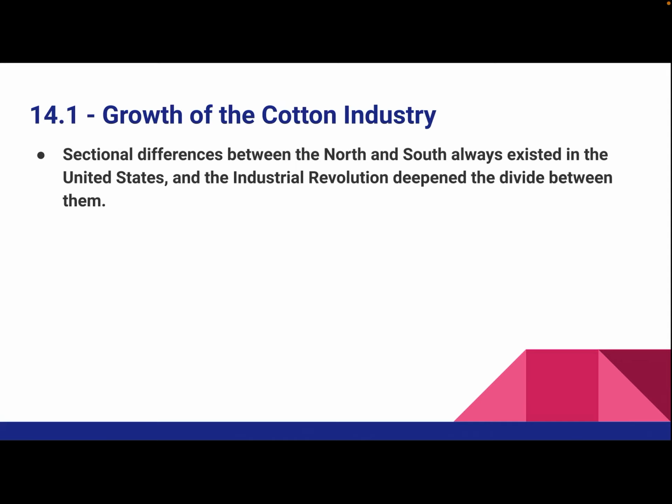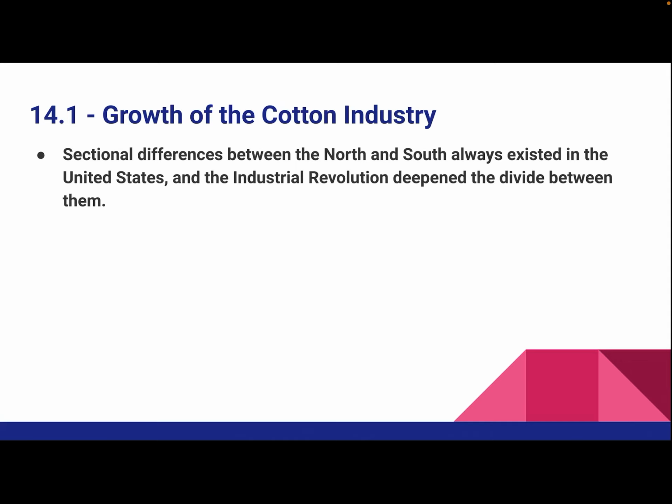Georgia and the Carolinas were mainly rice plantations, whereas in the North, in Boston, not as much. Farming wasn't the best. Geography just played a big key role in that.